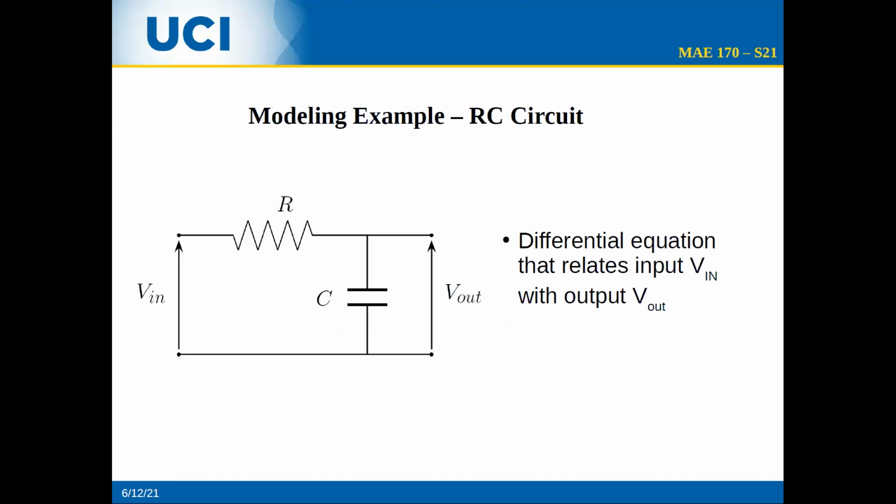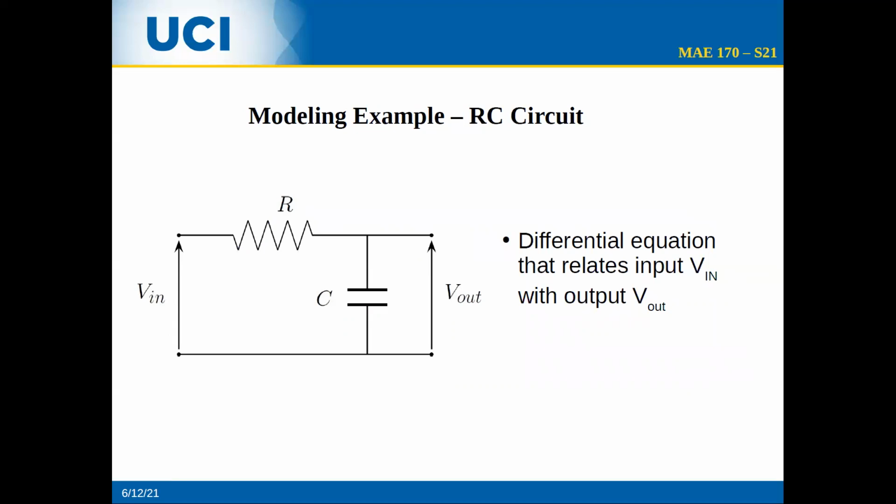For instance, we have an RC circuit. If we have a resistor and a capacitor, given a certain input in terms of difference in voltage, what is going to be the difference in voltage at the output? Here we don't really have a controller yet. We just want to model the system.